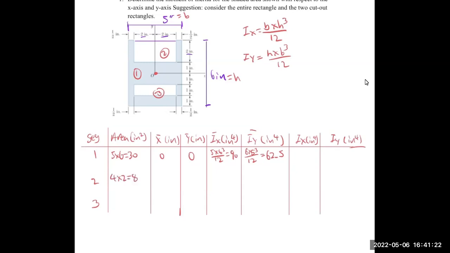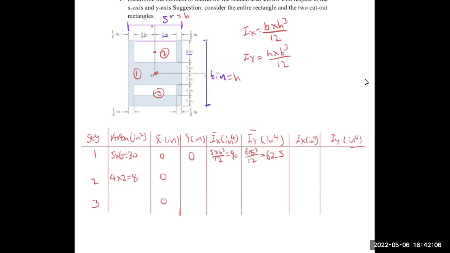And then the centroid in the x direction. We can see that segments 1, 2, and 3, those three segments, are on the same y-axis. That means they don't have any x direction distance, so they don't have any x direction centroid. For them, the x centroid will always be 0, but it's different for y, because the centroid for segment 2 is right here, and we have to consider that with respect to this origin.